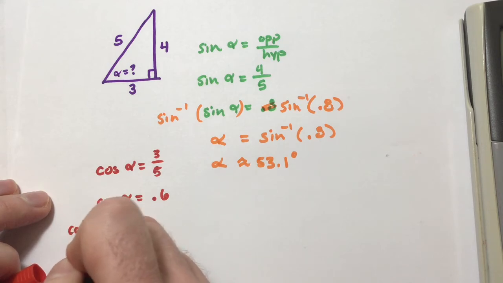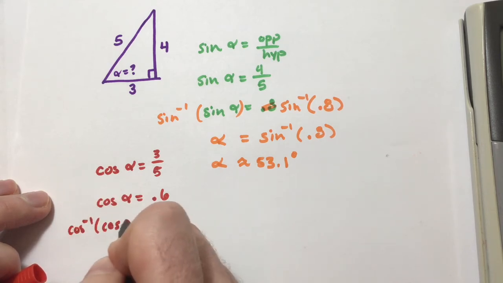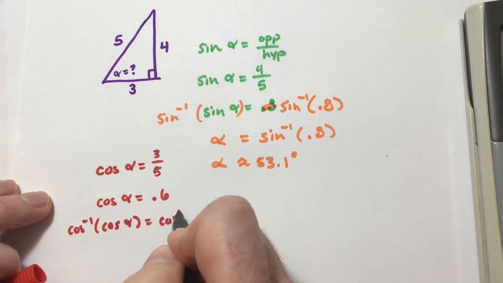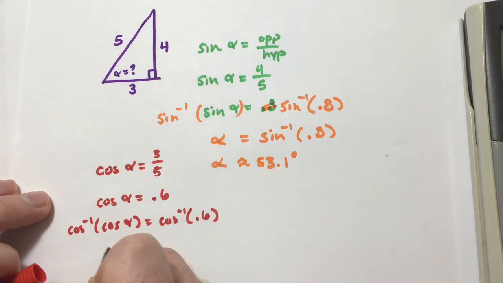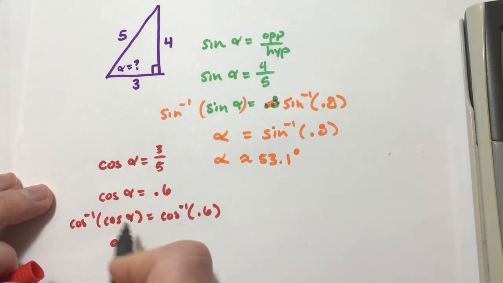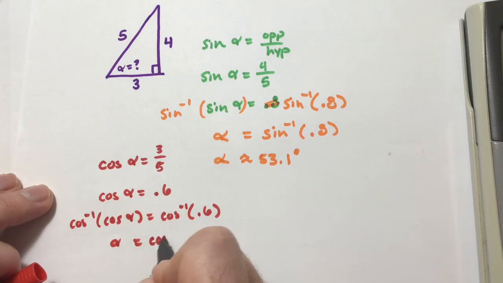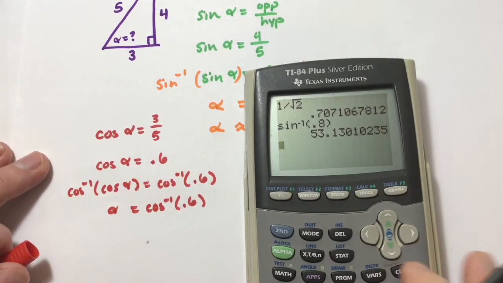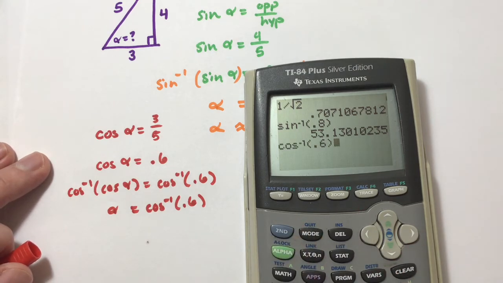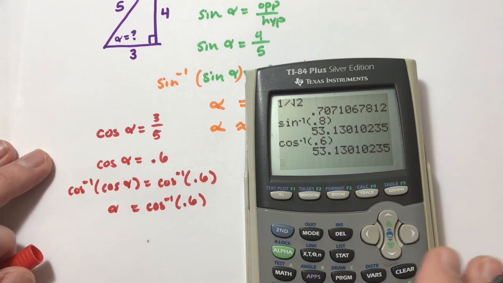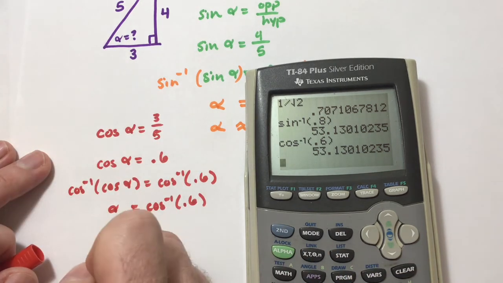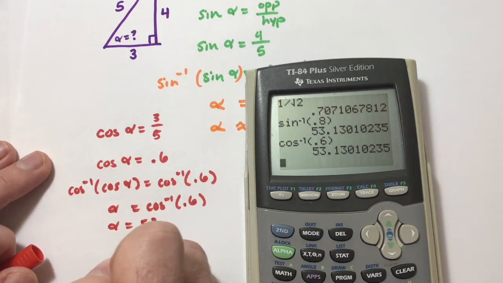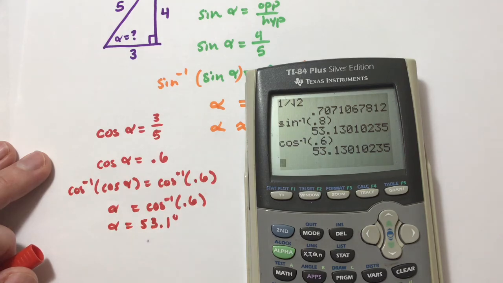I take the inverse cosine of both sides. That gives me alpha on the left, and inverse cosine of 6/10 on the right. I have to ask my calculator, what's the inverse cosine of 6/10? Thankfully, I get the same answer because I'm trying to get the same angle. So about 53.1 degrees.